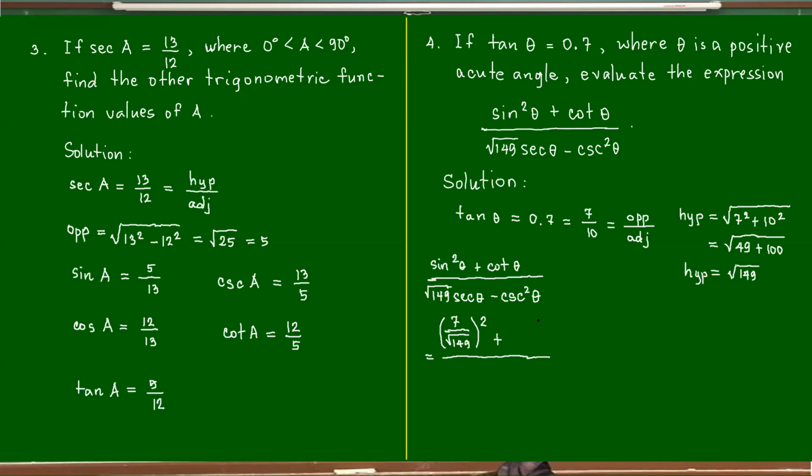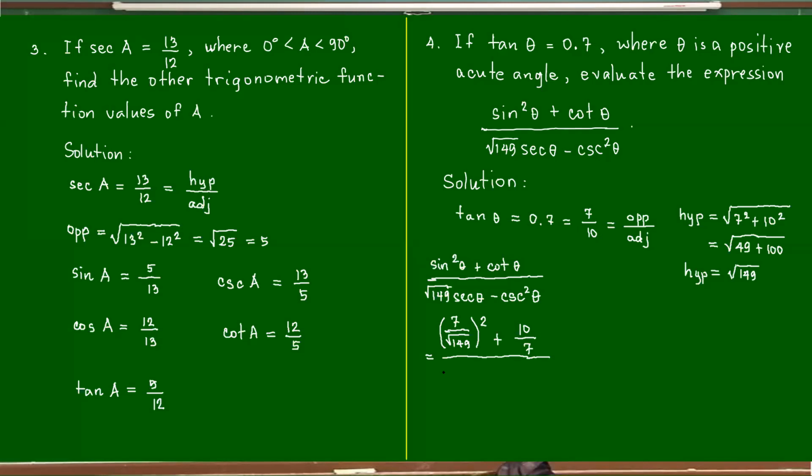Plus, what is cotangent? Cotangent is adjacent over opposite, so 10 over 7, which is just the reciprocal of tangent.